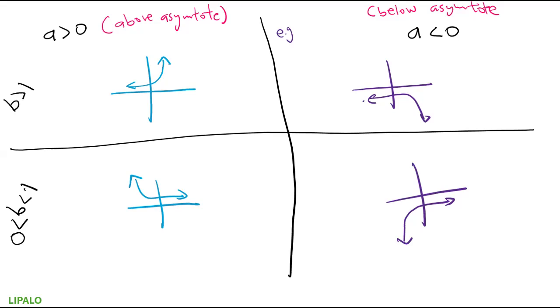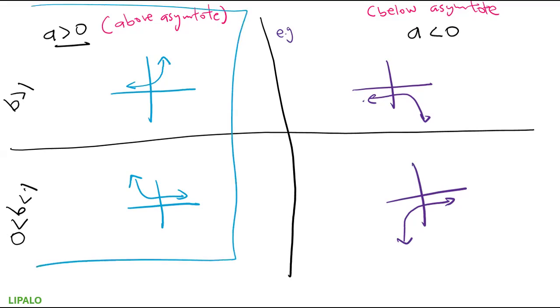Now, if a is positive, this means the graph is above the asymptote. So if you can check here, in both sections, the functions are above the asymptote. They are above because a is positive, right? Examples of these graphs will be y is equal to 2 exponent x.